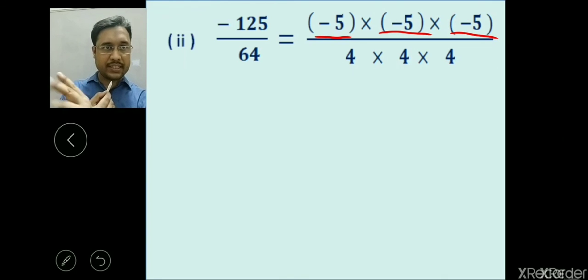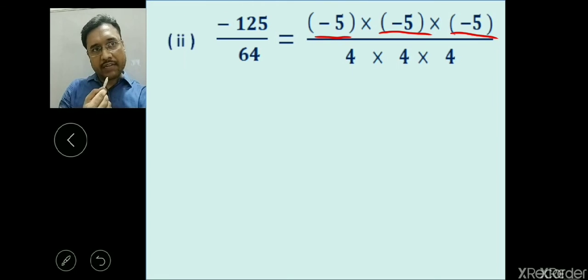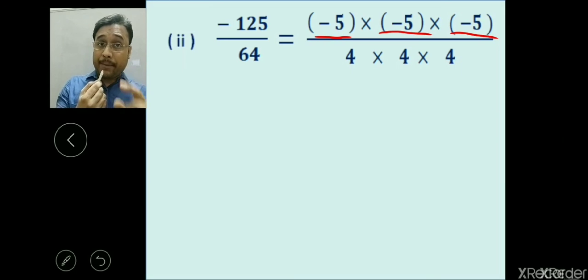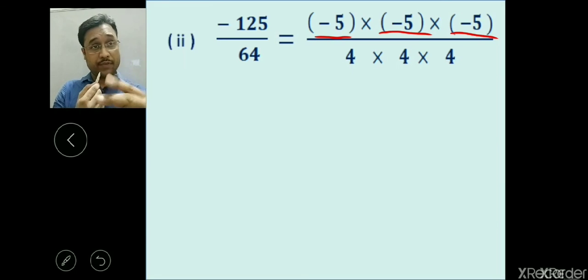You use minus 5 three times. Since you have multiplied the negative number minus 5 three times, an odd number of times, the product will be negative. When you multiply negative numbers an odd number of times, the product will be negative. But when you multiply negative numbers an even number of times, the product will be positive.